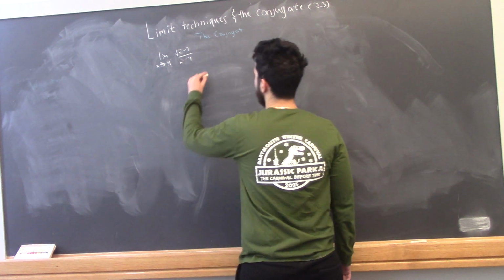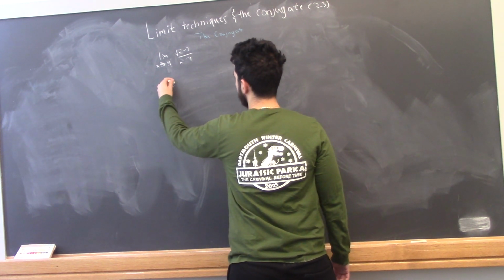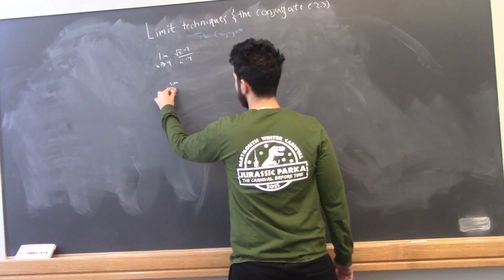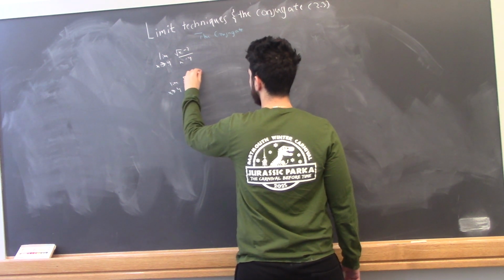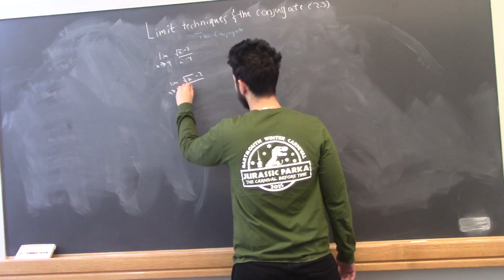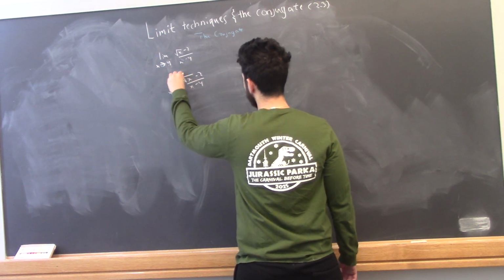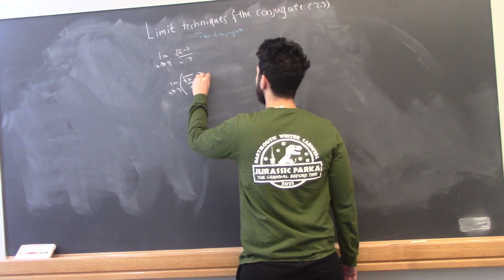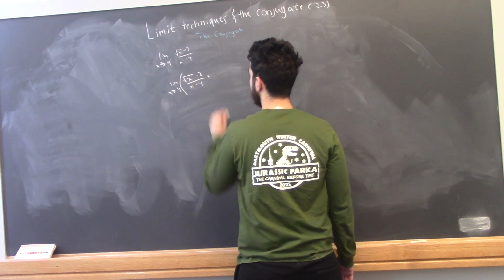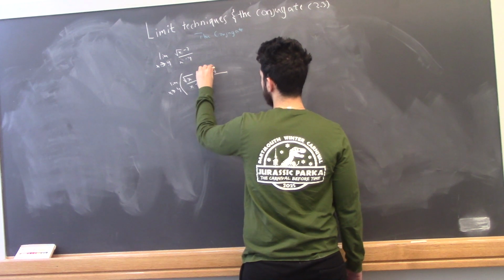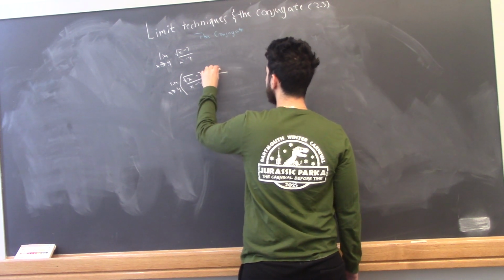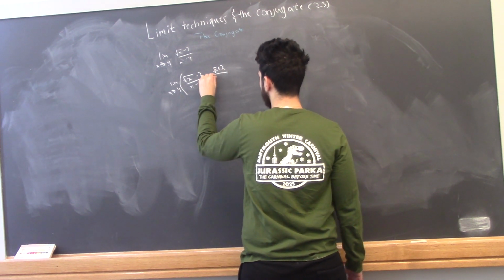So in this case, we have the limit as X goes to 4 of the square root of X minus 2 over X minus 4. Nothing new. We're going to multiply this whole expression by the square root of X plus 2 over itself.